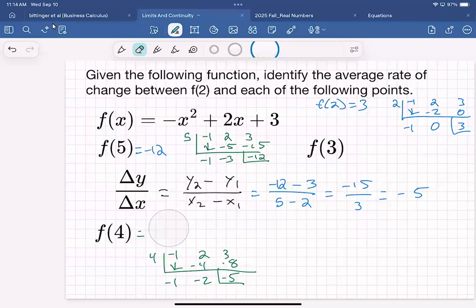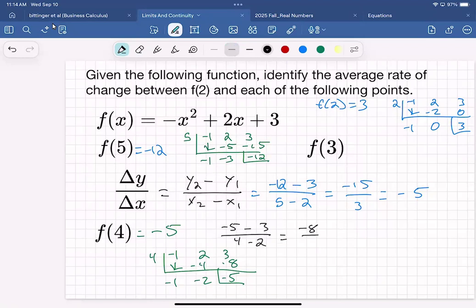Something was not looking right. My apologies. It should be -5. When we do the average rate of change for this particular problem, make sure you see it's -5 minus 3 all over 4 minus 2 now. So do we agree with -4 with that one? Any concerns with that?